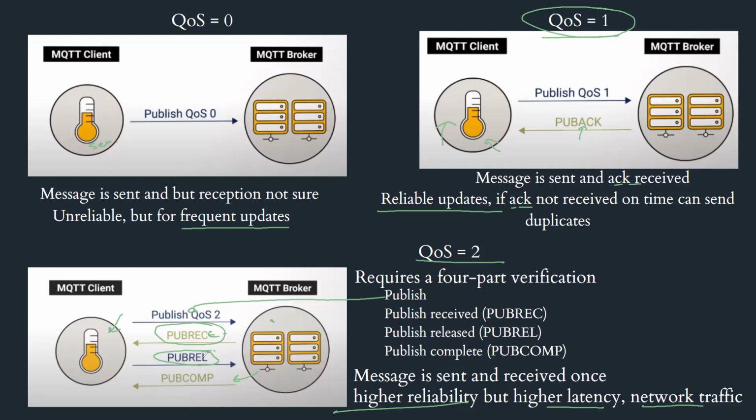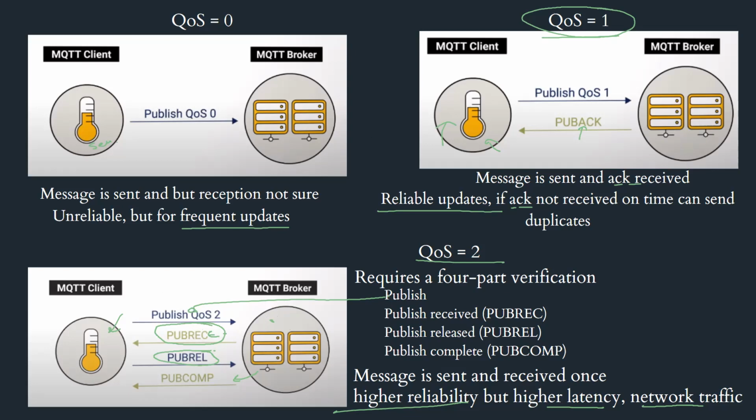Pubrel is used by the MQTT broker to know that the sensor will now not send the same data again, and also that it has received the MQTT broker's message.